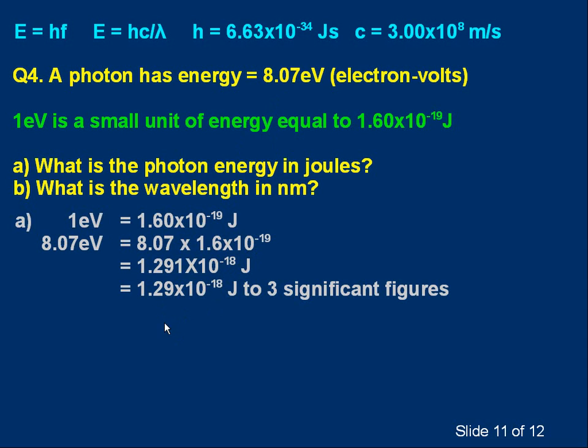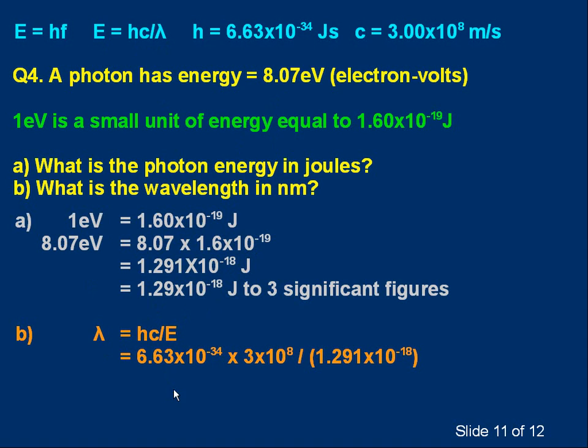For the next bit, we want the wavelength. Well, if we take our formula E is hc over lambda, we can rearrange it to get lambda is hc over E. Stick the numbers in, h times c, divided by, let's use the unrounded 1.291 times 10 to the minus 18 value for E. It's got to be in joules. We can't use the value in electron volts, we use the value in joules.